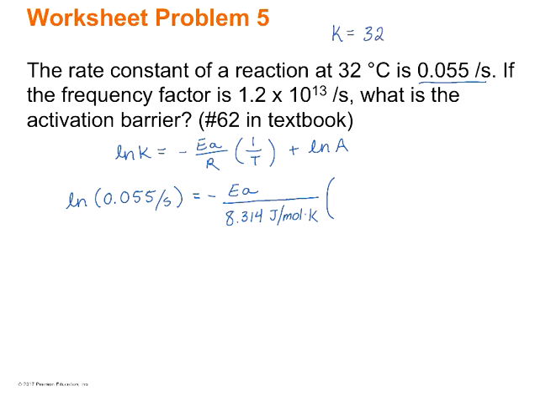So remember, if you're converting from Celsius to Kelvin, we want to add 273. You could also add a 0.15 onto there, but this should give us 305 Kelvin. So let's plug that into our equation. And then we're going to add the natural log of the frequency factor, which is 1.2 times 10 to the 13th per second.